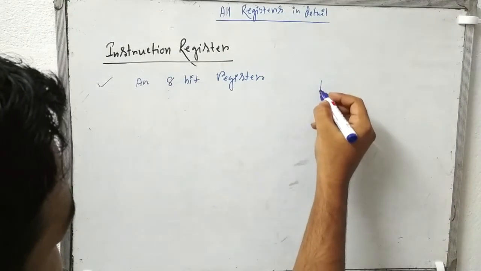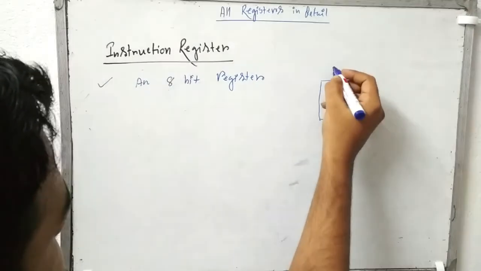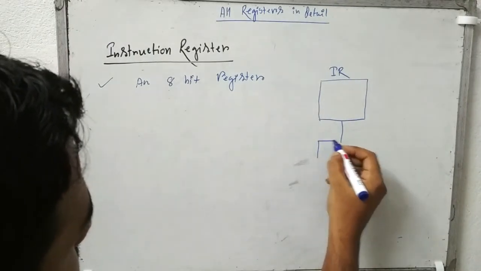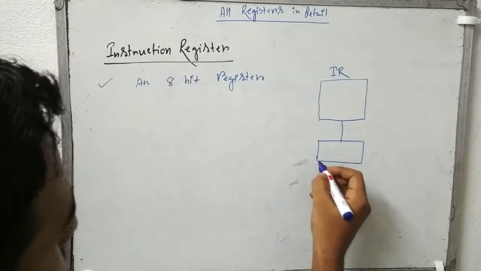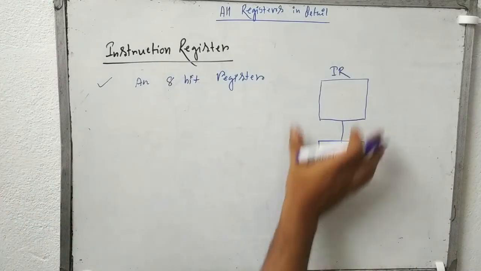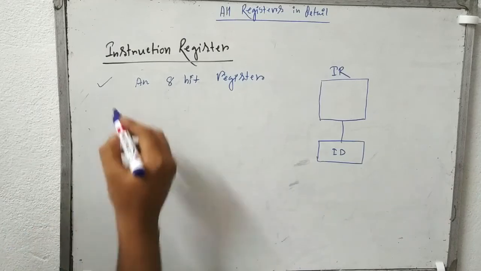Okay, if you see the diagram, you might have seen the instruction decoder, ID basically. So this is the instruction register. The instruction register is 8-bit.